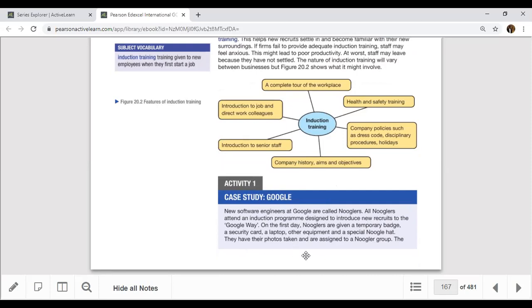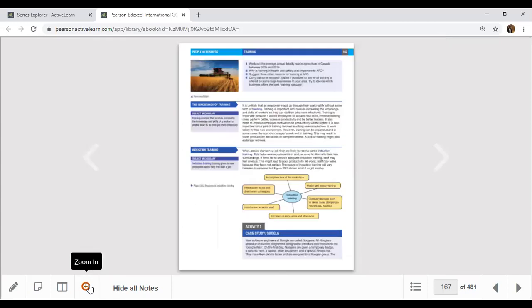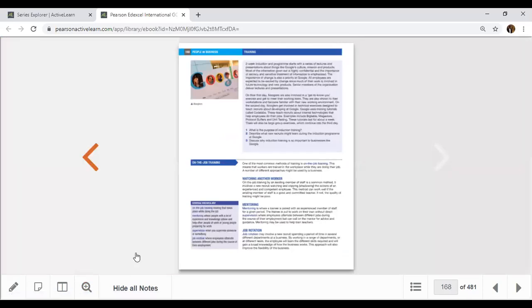On the first day, Nooglers are given a temporary badge, a security card, a laptop, and other equipment, including a special Noogle hat. They have their photos taken and are assigned to a Noogle group. Normally we call them management trainees; in the Google organization they call them Nooglers.